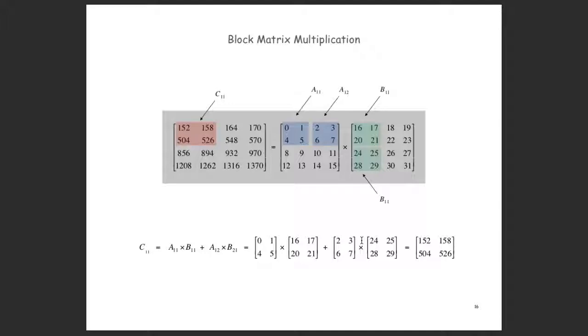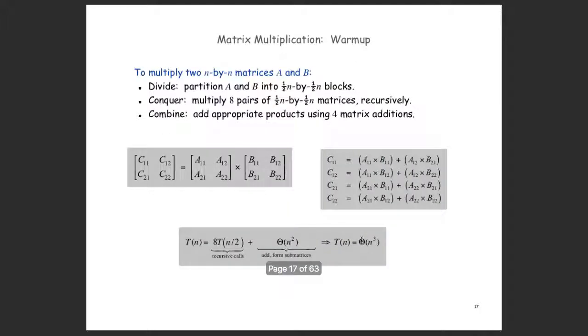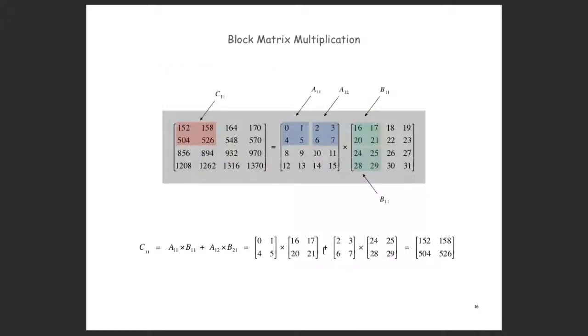We could, by a similar trick. Here we are doing a small block. By using a similar trick, we get A11 times B11 plus A12 times B21, and then we add them.